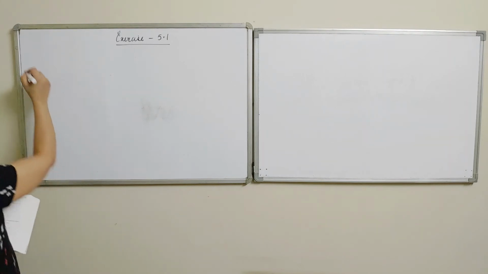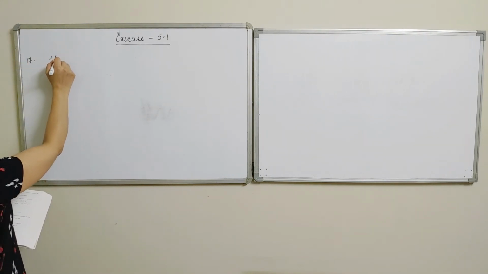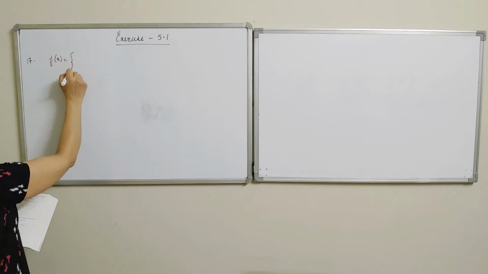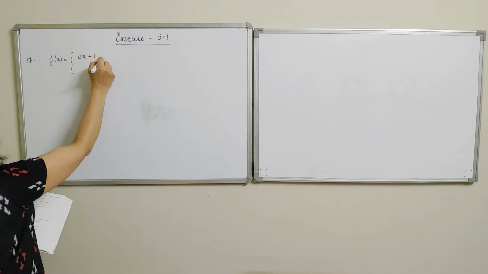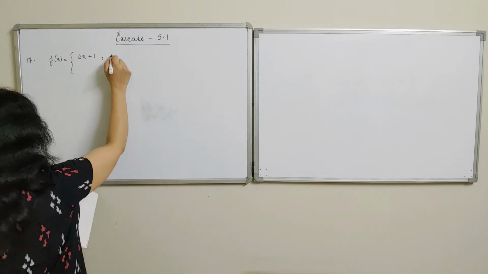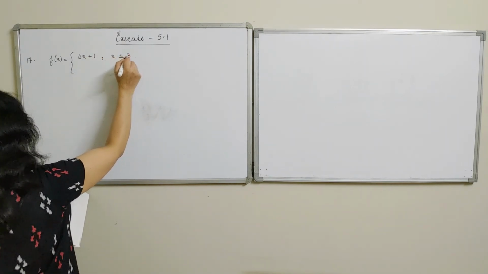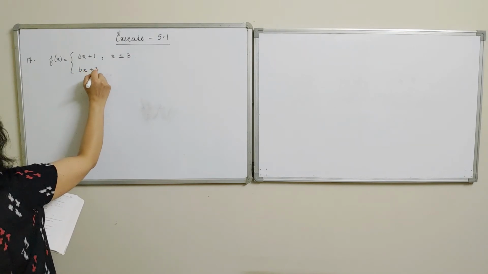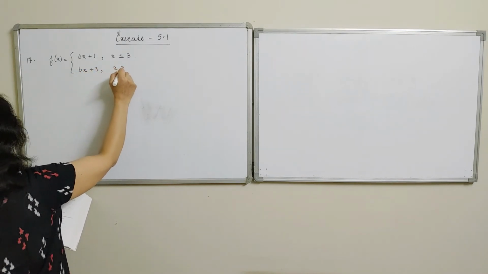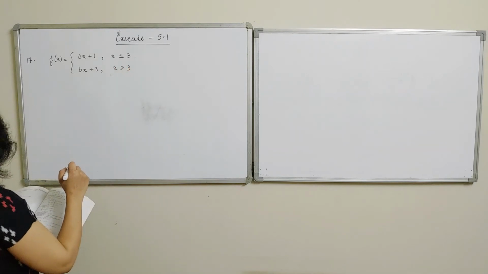So next we are taking up here question 17. A function is defined as ax plus 1 when x is less than or equal to 3. It is defined as bx plus 3 whenever x is greater than 3.